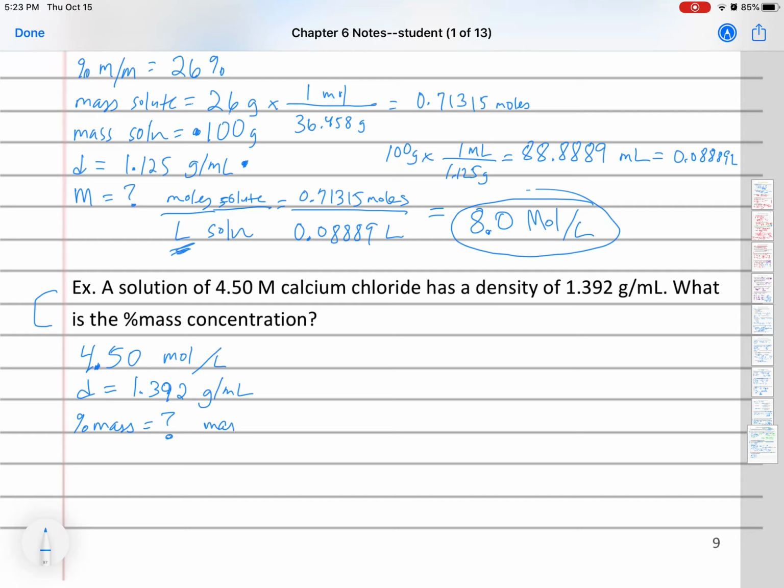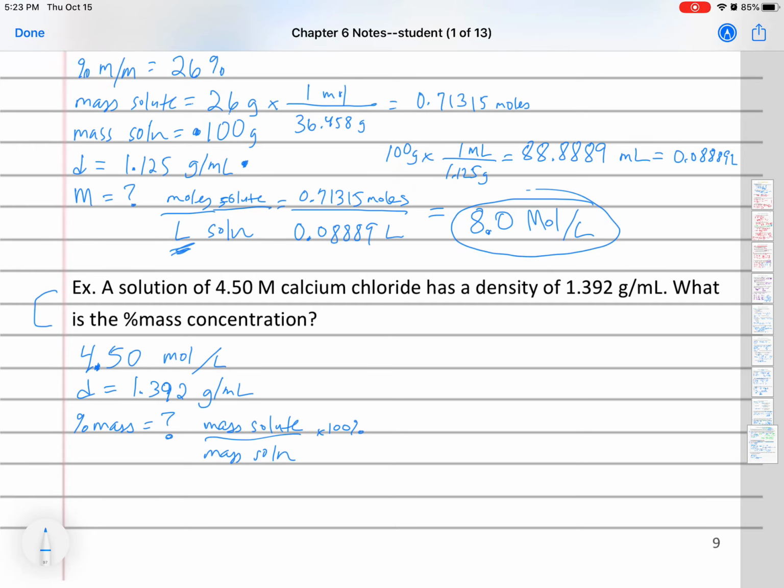So the percent by mass is going to be the mass of the solute divided by the mass of the solution times 100%. I don't know the mass of the solute or the mass of the solution, but I need to figure them out in order to figure out the percent mass.